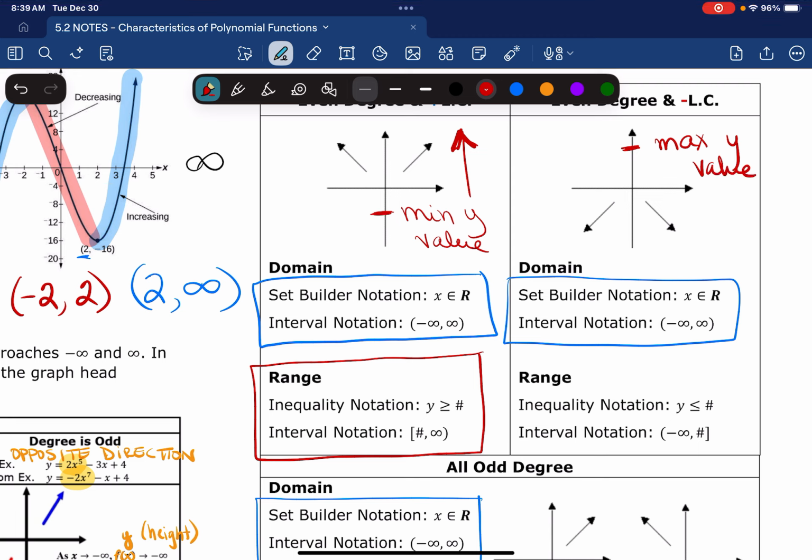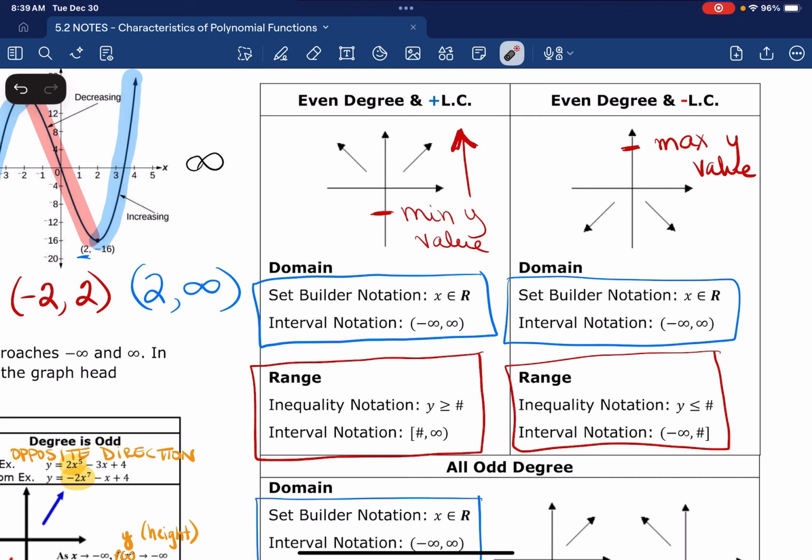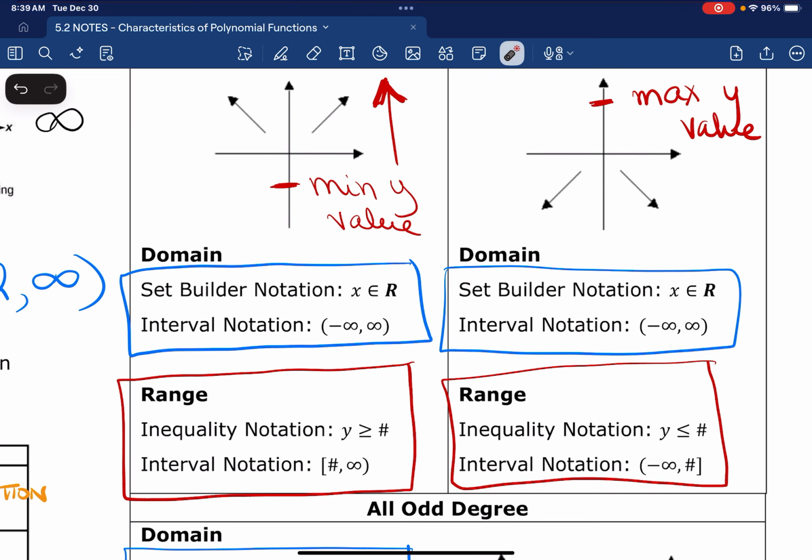Again, inequality notation, it's everything below that number, right? So when you're writing it down on your paper, you would say y is less than or equal to that maximum value. In interval notation, the very lowest value would be negative infinity because we're going way down low. So negative infinity, comma, whatever your maximum is, close bracket.